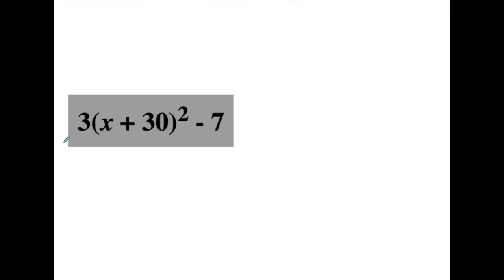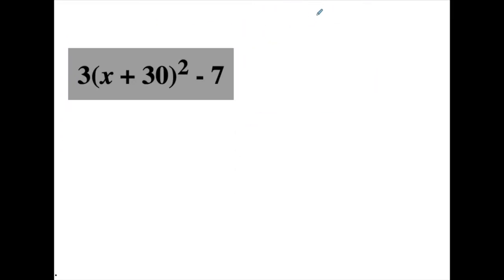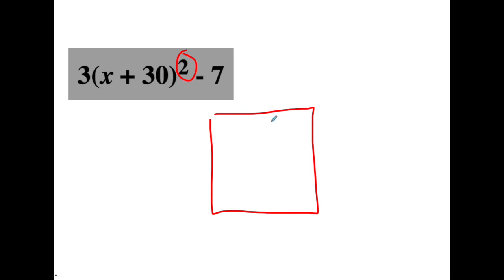Okay, last one is going to be in vertex form with distributing. So remember, with the squared, here's where we really need to be careful when we're following PEMDAS. So first you do the exponent, x plus 30, x plus 30.